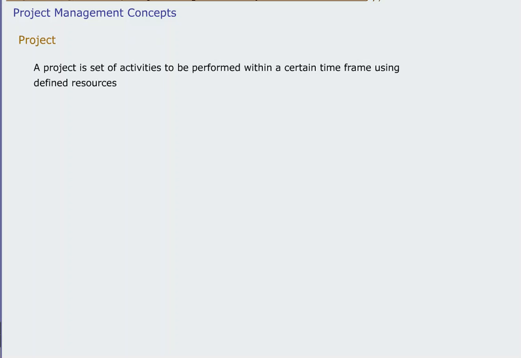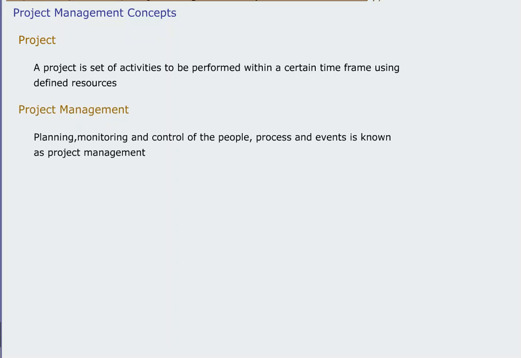A project is a set of activities to be performed within a certain time frame using defined resources. And the project management is the planning, monitoring and control of the people, process and events.